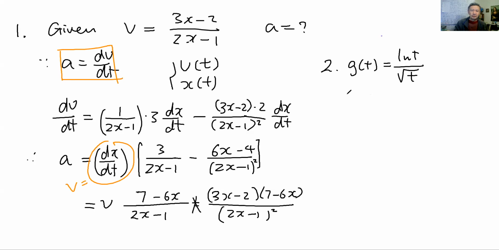So they write dv over dt, they use chain rule, equal to dv over dx times dx over dt. I just return to the question, okay? Did you see that dv dt will equal to dv dx, and dx dt?